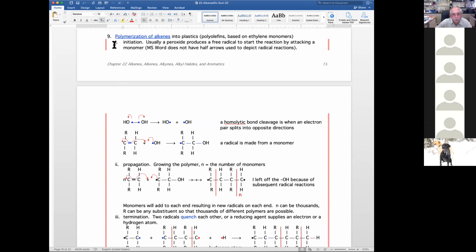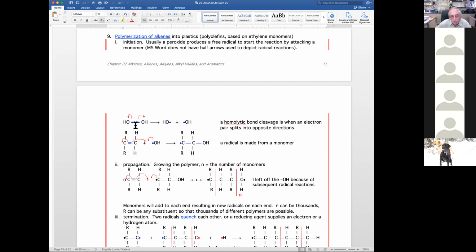So first we need initiation. Here's hydrogen peroxide. Hydrogen peroxide and other peroxides can undergo 2 types of reactions. One, it just basically turns into water and hydrogen.